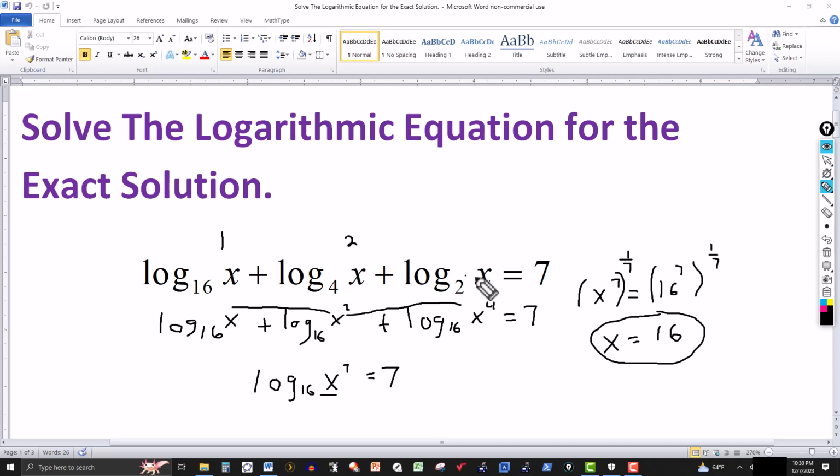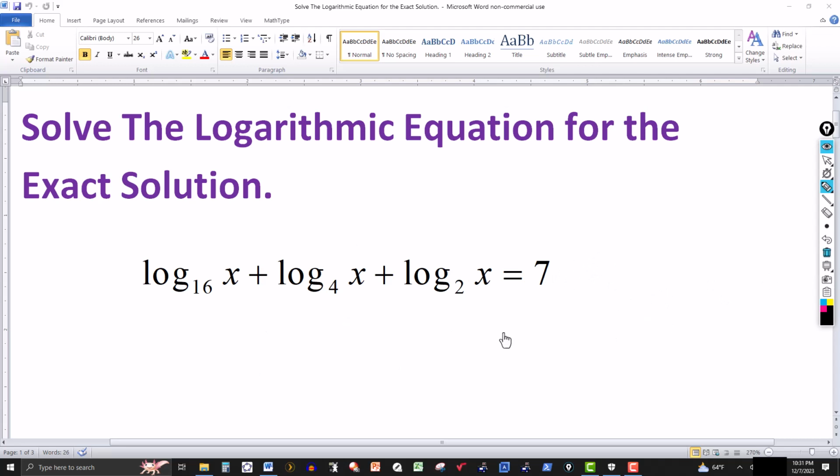And then the next one, the log of 16 to base 2 is 4, because 2 to the 4th is 16. So it's just 4 here. 1 plus 2 is 3, plus 4 is 7. There's your check. So we get 16 for that.